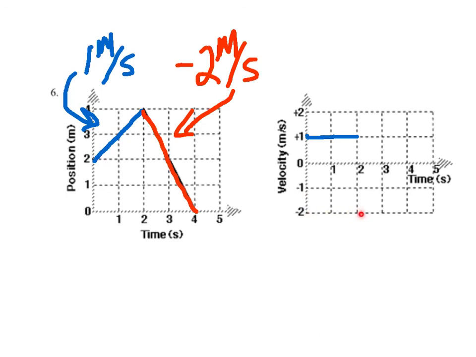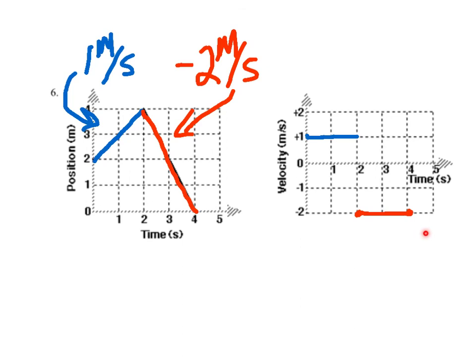Again, I'm going to draw a horizontal line, but I want to make sure I start at the right time, which is right here, and that corresponds to 2 seconds. So I'm going to start right here at 2 seconds, and go all the way to 4 seconds, and it's staying the same velocity. I'm going to draw a straight line that represents that. And now I have represented my position time graph as a velocity time graph.